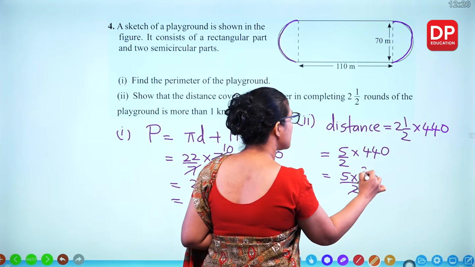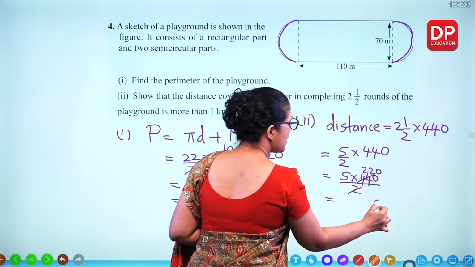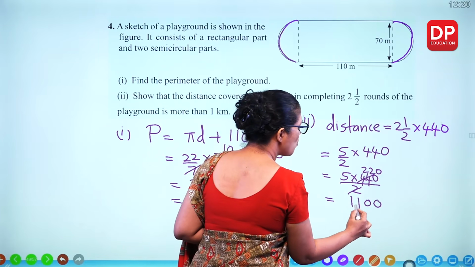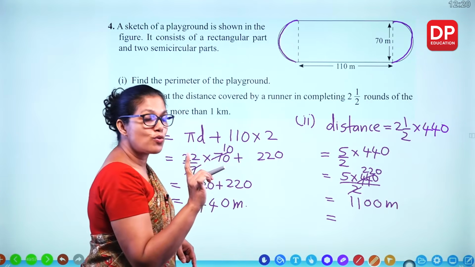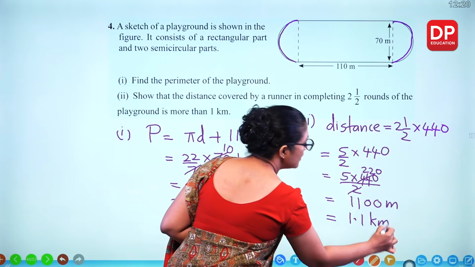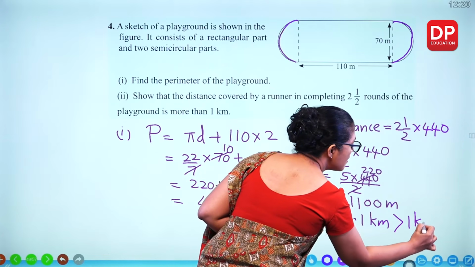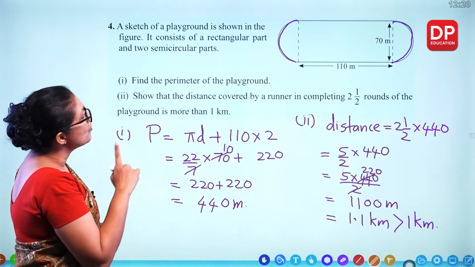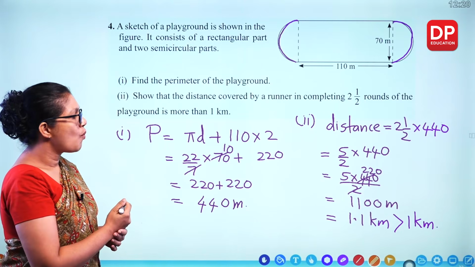You get 220 multiplied by 5. 0, 10, 11. So 1100 meters. When you divide by 1000, you get 1.1 kilometer. So this value is greater than 1 kilometer. So when you go round 2.5 rounds, it's more than 1 kilometer.